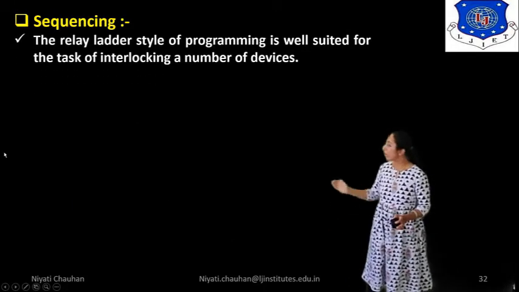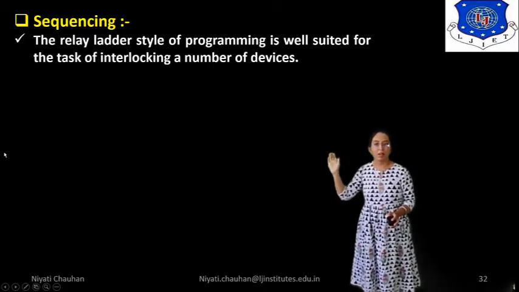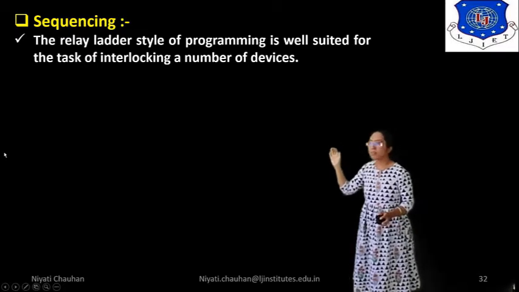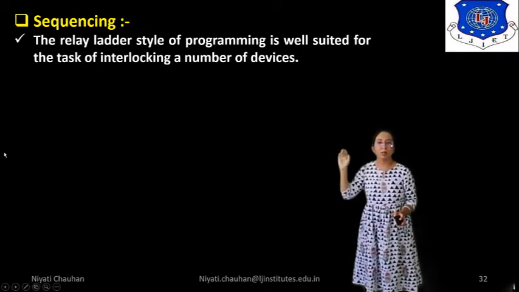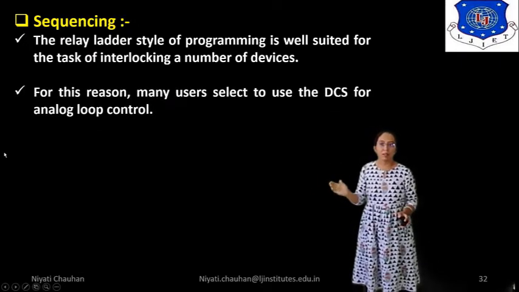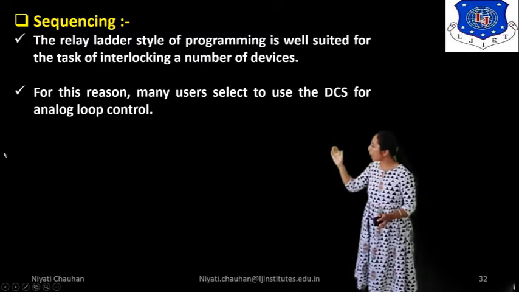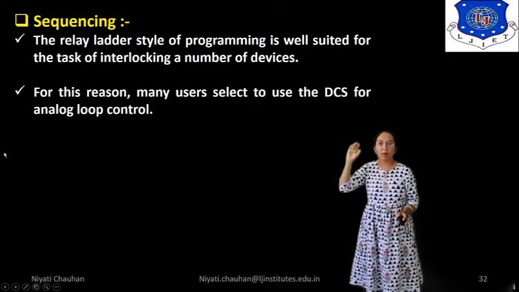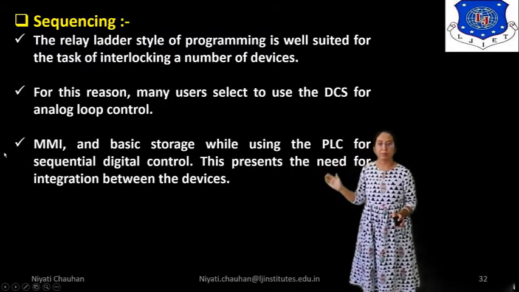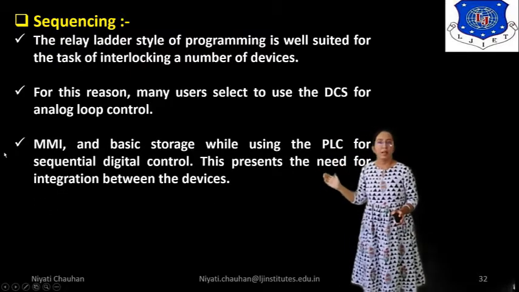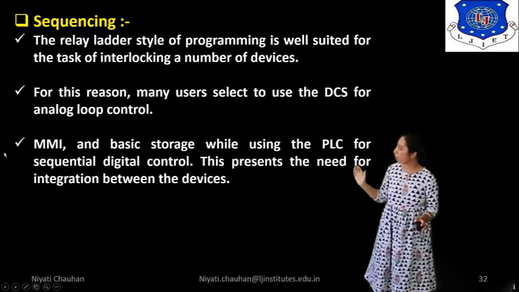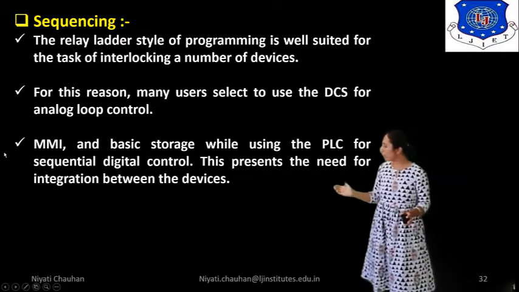The relay ladder style of programming is well suited for the task of interlocking a number of devices. For this reason, many users select to use the DCS for analog loop control, MMI and data storage, while using the PLC for sequential digital control.